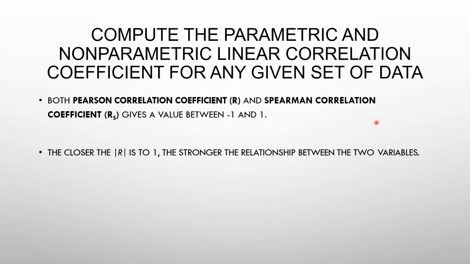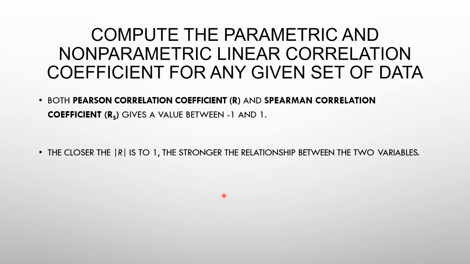What we need to know is both Pearson's correlation and Spearman correlation actually have a range. It goes from -1 to +1. We look at the absolute value. The closer the absolute value is to 1, the stronger the relationship between x and y, between the two variables.